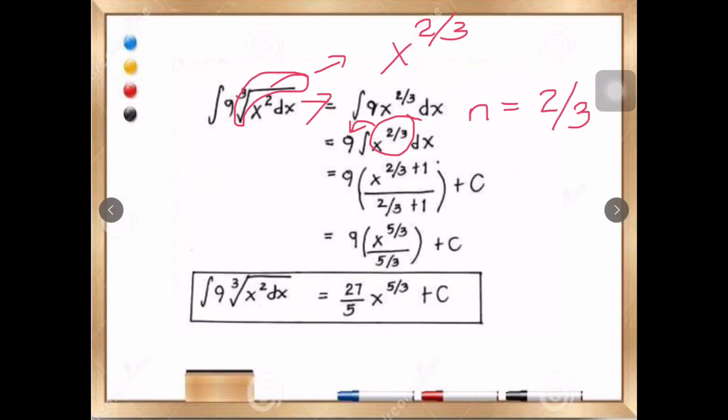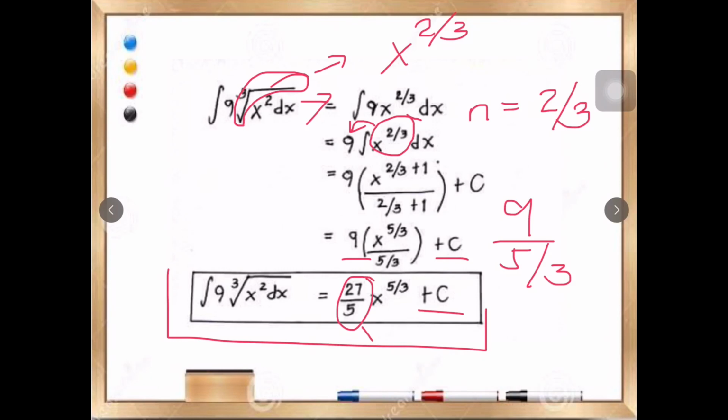So x raised to 5 over 3 over 5 over 3, multiplied by our constant 9, plus our arbitrary constant c, we will get 27 over 5, because 9 divided by 5 over 3 is equal to 27 over 5, x raised to 5/3 plus our arbitrary constant c.